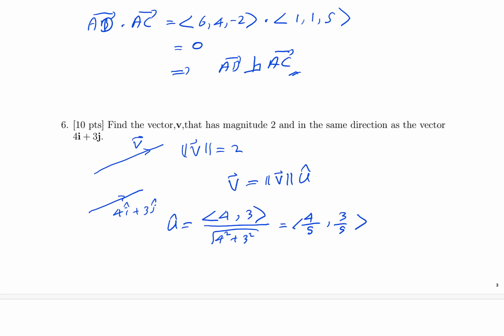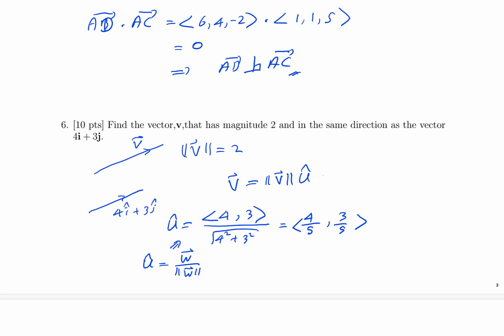So this is the unit vector in that direction. What I used here, as I explained in the class, is that a unit vector equals any vector W divided by the magnitude of W. That is the theory I apply here.